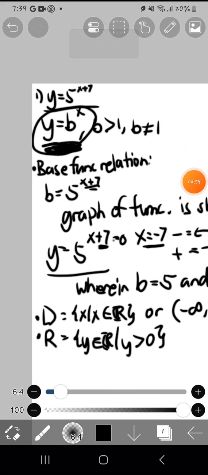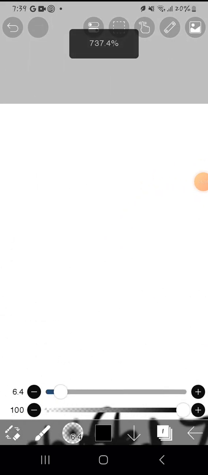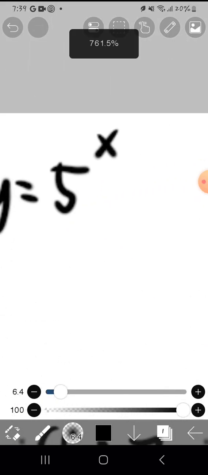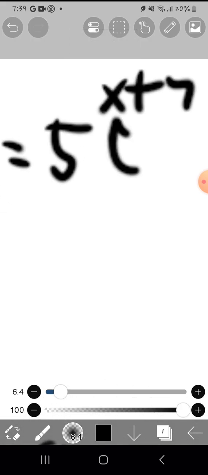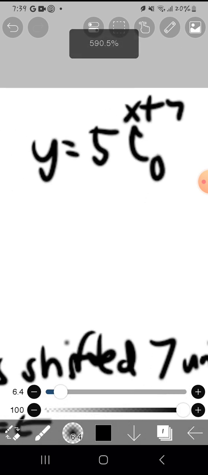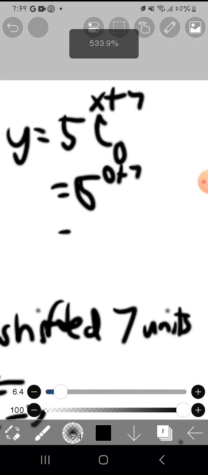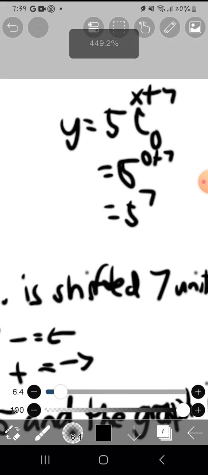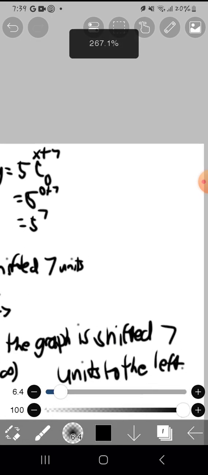Well, that's because our function is y equals 5 raised to x plus 7. If we substitute the value of 0, magiging 5 raised to 7, which is malaki.